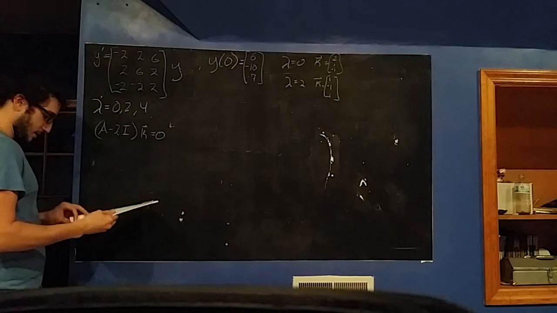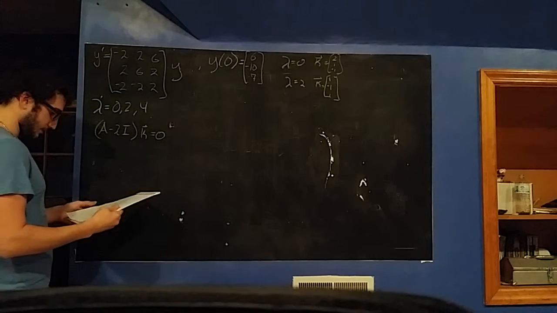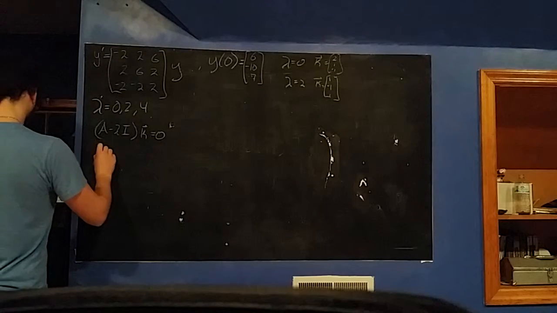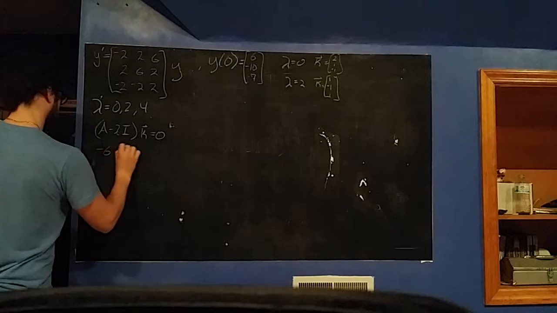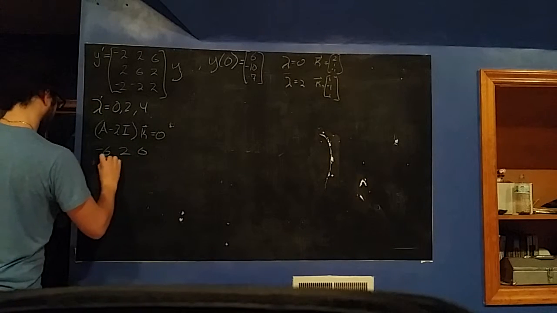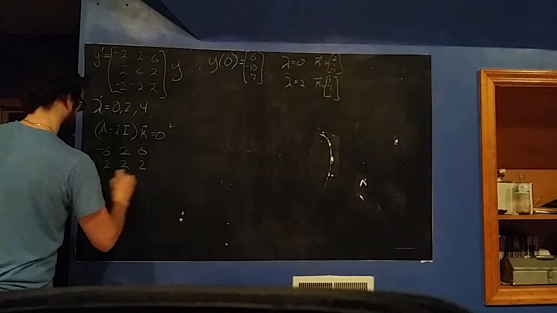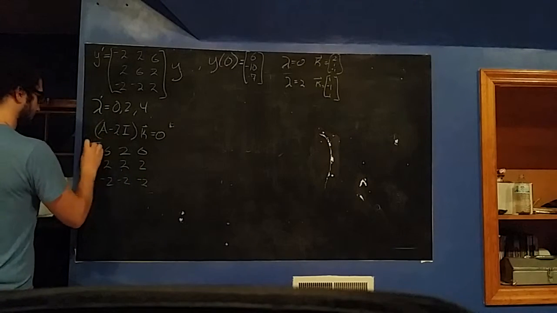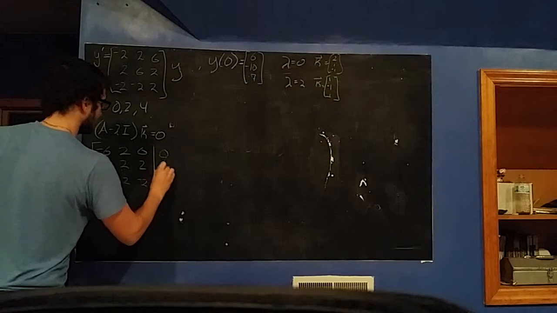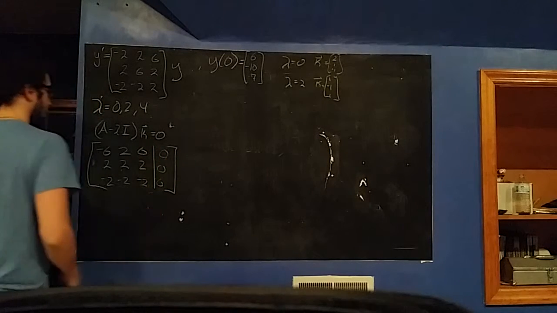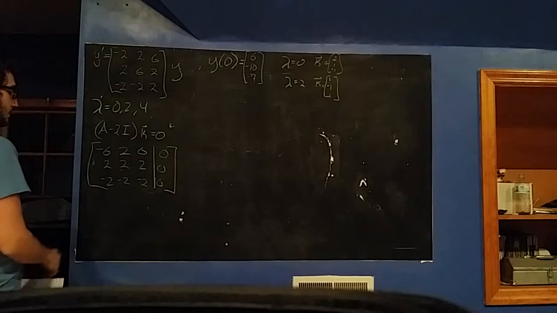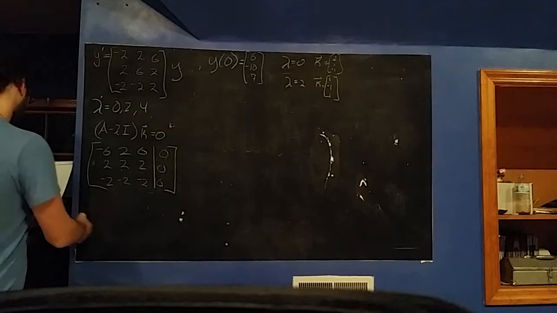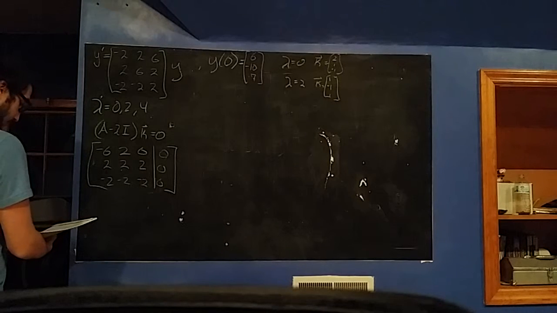So on the third one, when lambda is equal to 4, we would get something like negative 6, 2, 6, 2, 2, 2, and negative 2, negative 2, negative 2, all equal to 0. The easiest way for that one was to just add row 2 to row 3, and you get a nice 0 row right there.